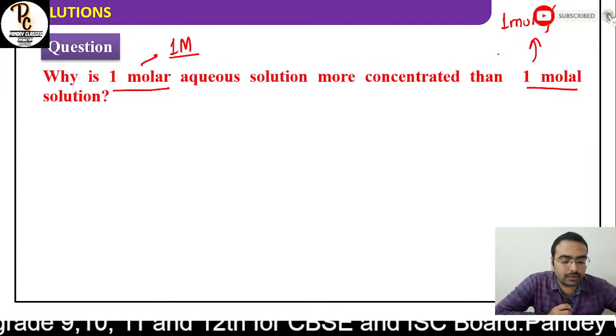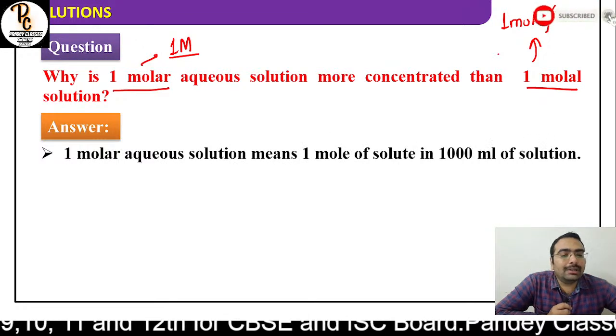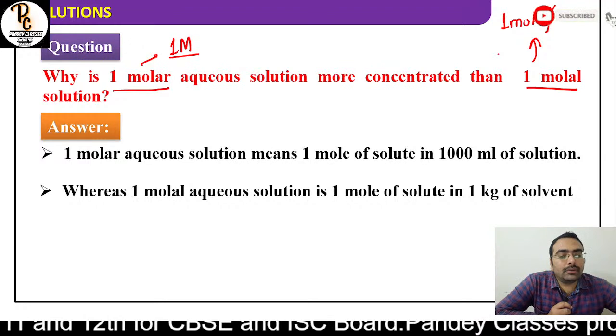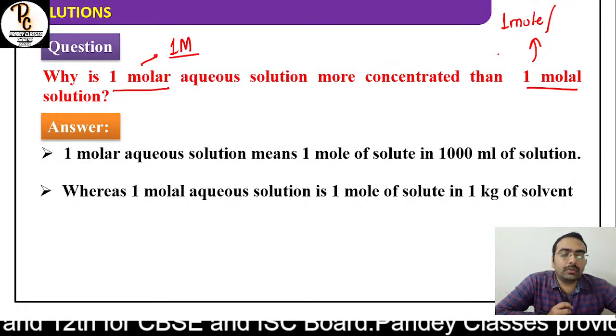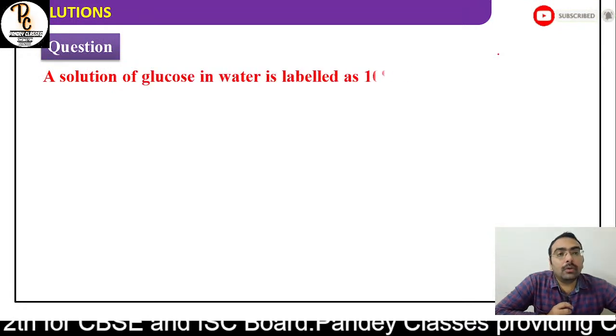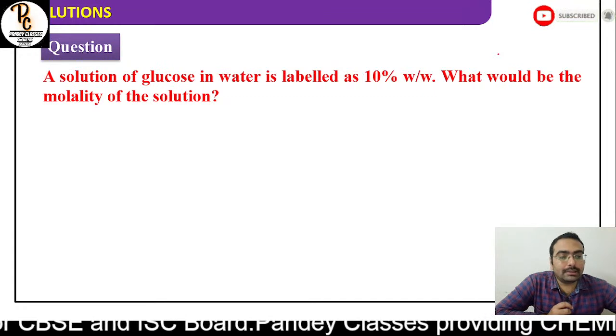Remember, per kg of the solvent. So 1 molar aqueous solution means 1 mole of solute in 1000 ml of the solution, whereas 1 molal aqueous solution is 1 mole of solute in 1 kg of solvent. And here we convert 1 kg of water into volume, so it will be less.